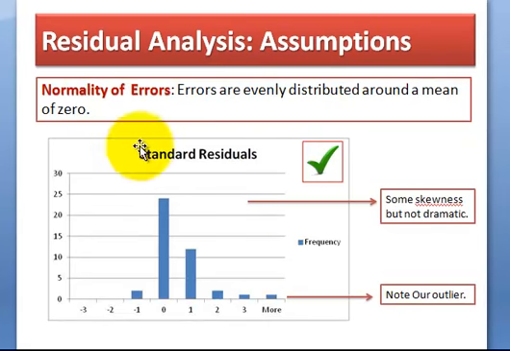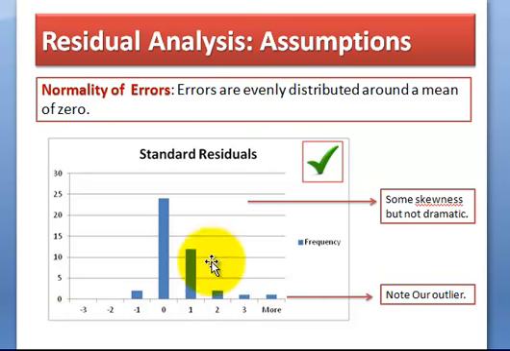The next thing we'd want to check is what's called normality of errors. In theory, we'd like all our errors to be normally distributed around the mean. Again, we'll show you how to do this. We just took the standardized residuals, which takes our residuals and puts them basically in a z-score or standardized score, and I just made a simple histogram, which the other videos show you how to do, from -3 to 3 and more.